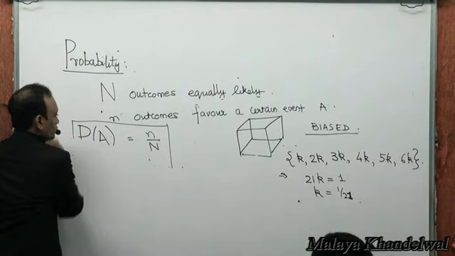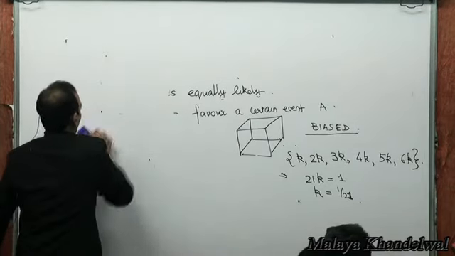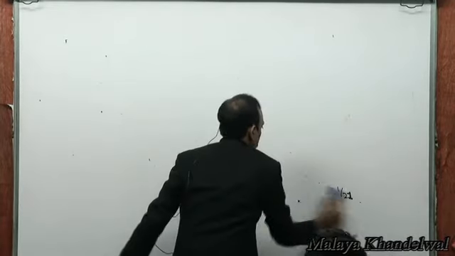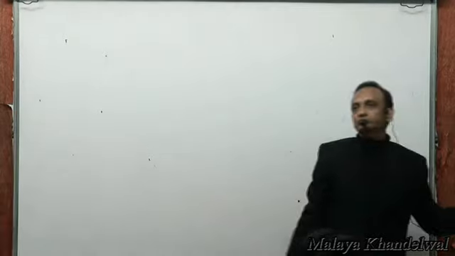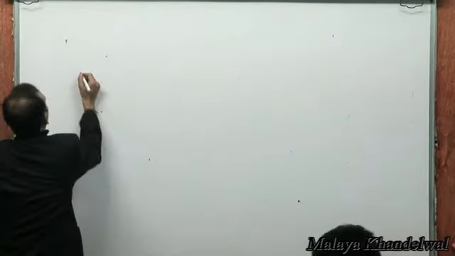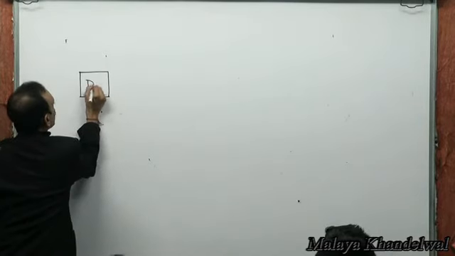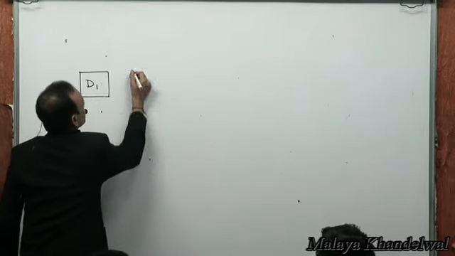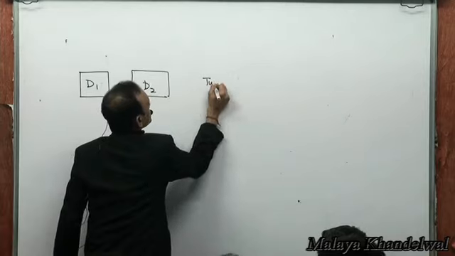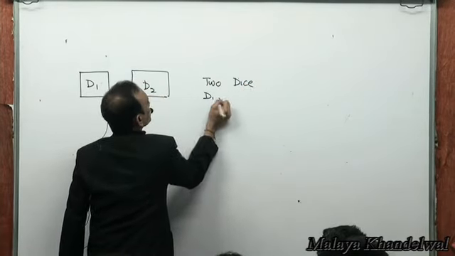Now, having said this, if I have 2 dice, unbiased, okay, die D1, another die D2, 2 dice, D1 and D2.